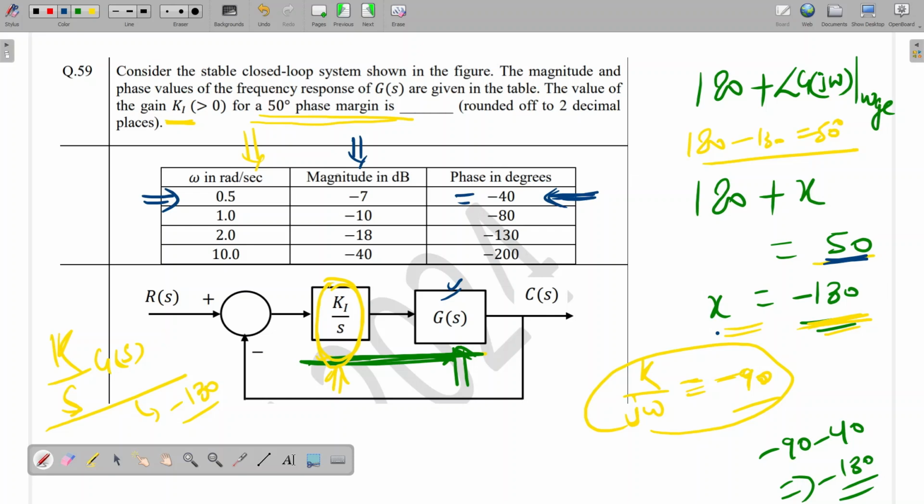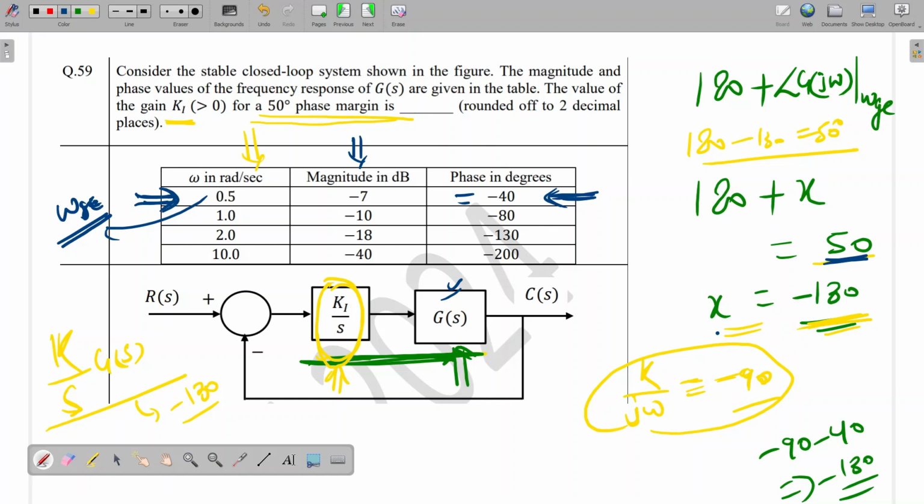So what our aim is, at this frequency we have to make omega gc, the gain crossover frequency. Then only this will be the phase margin. If we make this the gain crossover frequency, then at this particular frequency our total system magnitude should be equal to 0.